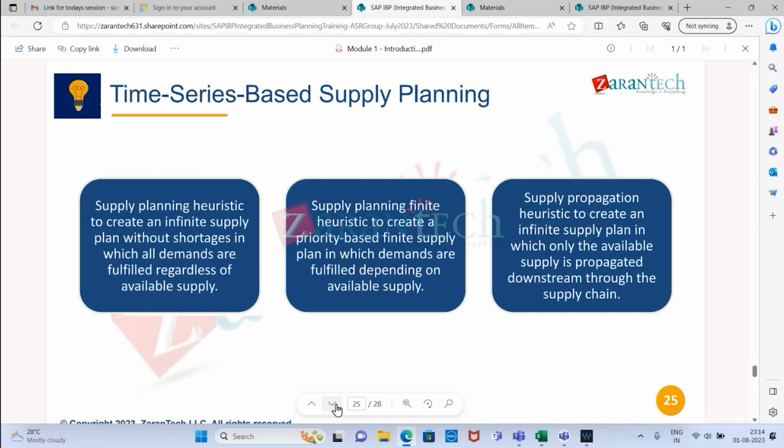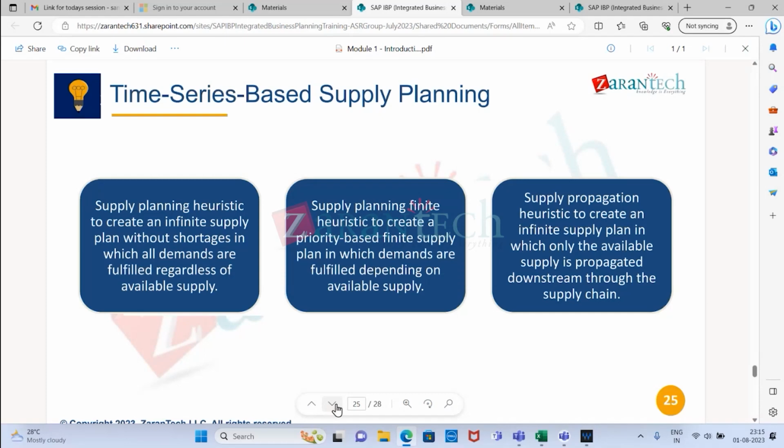That is the best case scenario for the infinite plan. Whatever is the plan, even if the demand forecast is unrealistic, it will still consider it as a demand for the calculation purpose, and it will identify what sort of supply arrangements are required to be able to fulfill the demand.